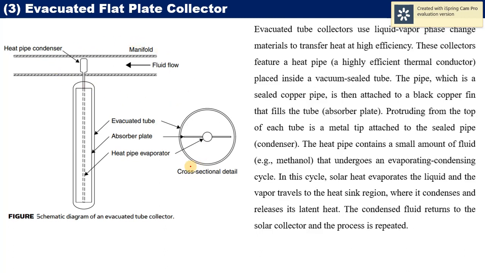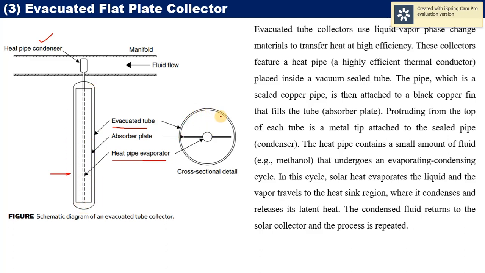Here also you can see the explanation for the evacuated flat plate collector. Whatever I have discussed earlier, we have the heat pipe evaporator on this side and the condenser here, so evaporating and condensing. Then we have the absorber plate, mounted on the inner side, and the evacuated tube, which is the vacuum space created between the two tubes.